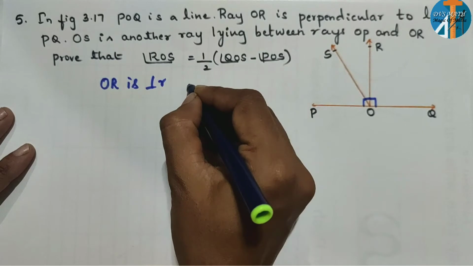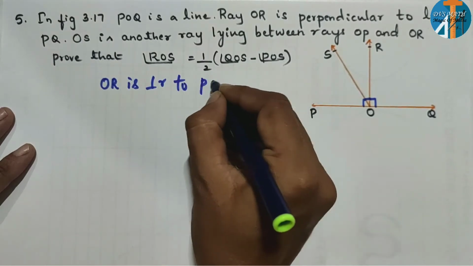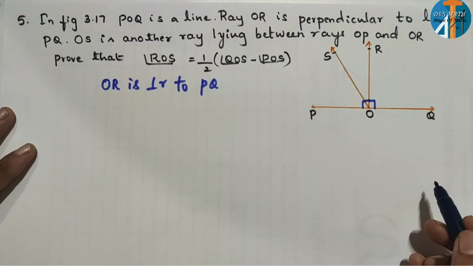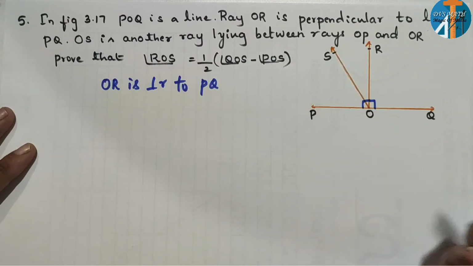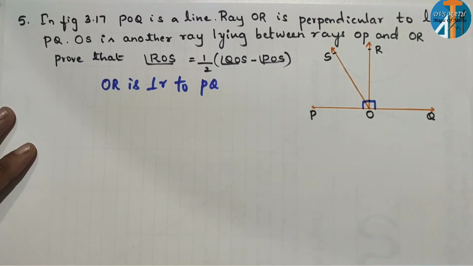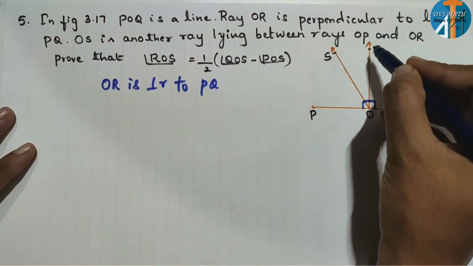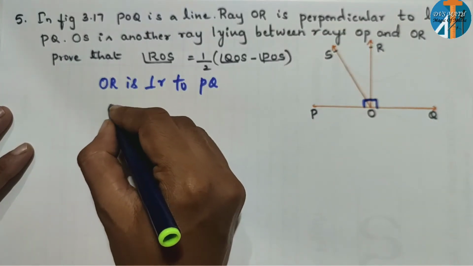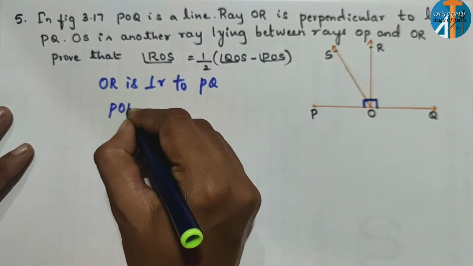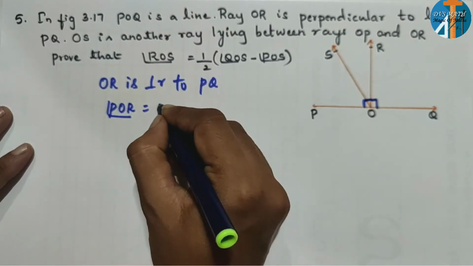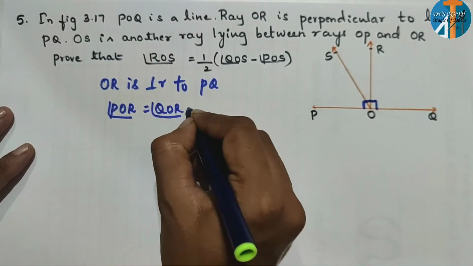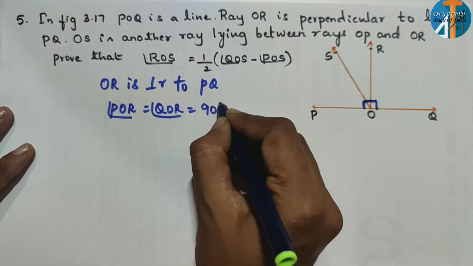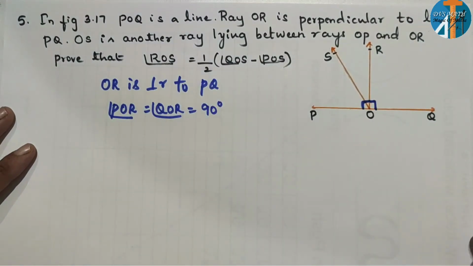If it is perpendicular, what do you mean by perpendicular? It means it is 90 degree. That means it is forming 90 degree to the line. Here you can observe, these two angles form 90 degree. That means angle POR is equal to angle QOR is equal to 90 degree. Both are equal to 90 degree.